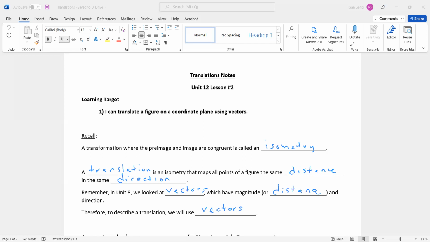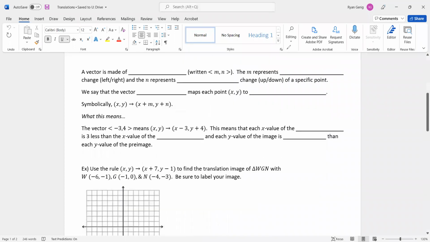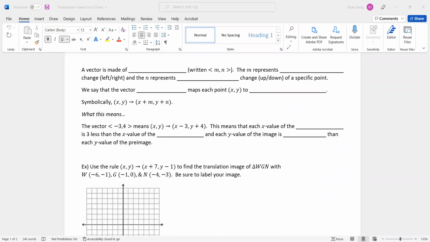Okay. How? Now, the notation is what gets people a little bit confused, but this is actually pretty simple. A vector is made of components. You may remember that back when we did it. The component form, it wasn't quite parentheses, it was more of an inequality symbol, but it's not an inequality. <m, n>, and that just means those are the 2 components of the vector.